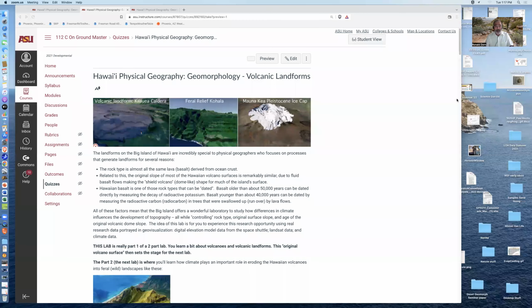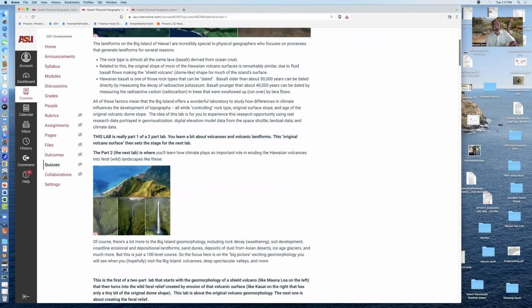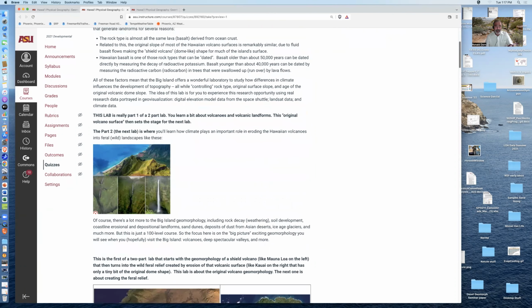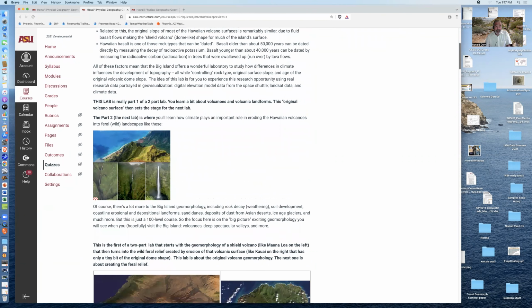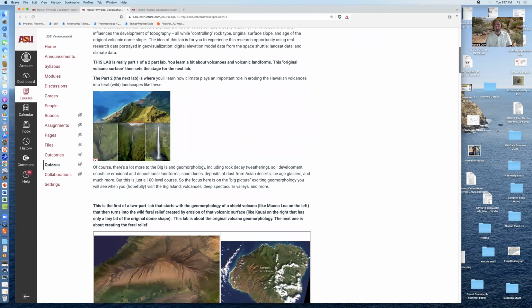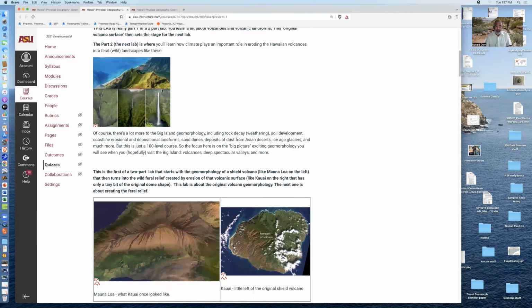So the first of these labs is Hawaii Physical Geography, Geomorphology, Volcanic Landforms. It opens with an explanation that Hawaii is a laboratory because all the rock type is the same. It's basalt. These dome-like features are made in volcanoes, and the volcanoes get older and have old surfaces that can then erode into spectacular landscapes of waterfalls and knife-like ridges.